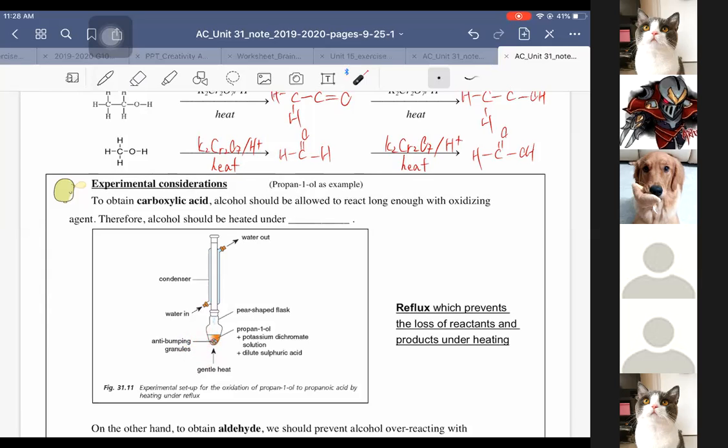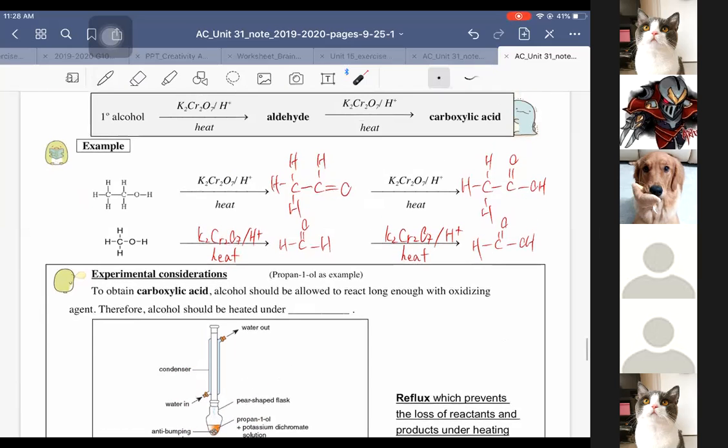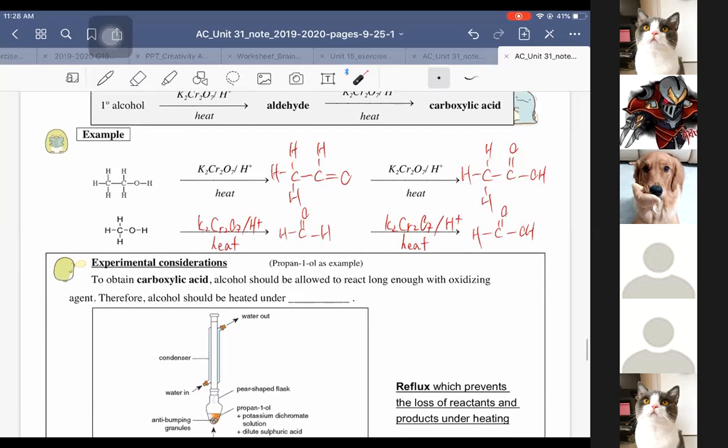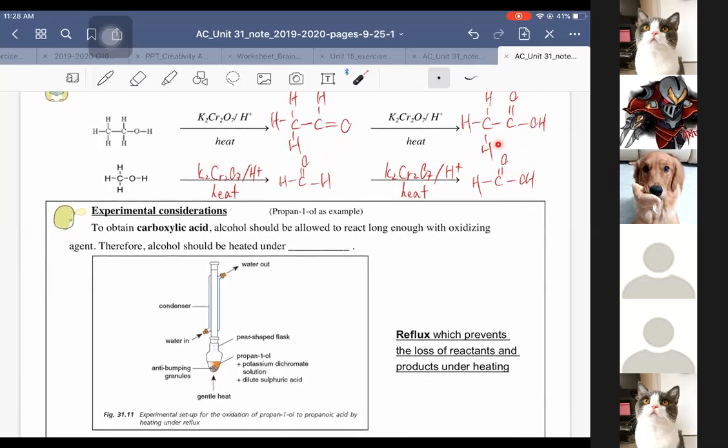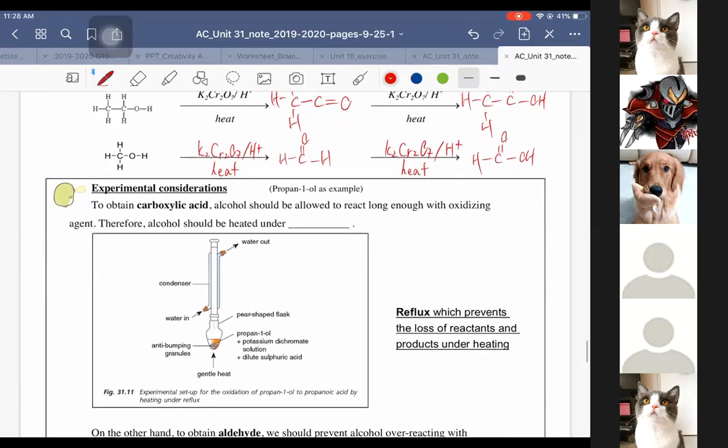Okay, so this setup, heating under reflux, is to obtain carboxylic acid, the final product here. We make sure all the reactants stay in the round bottom flask and we push it to complete. So therefore alcohol should be heated under reflux.